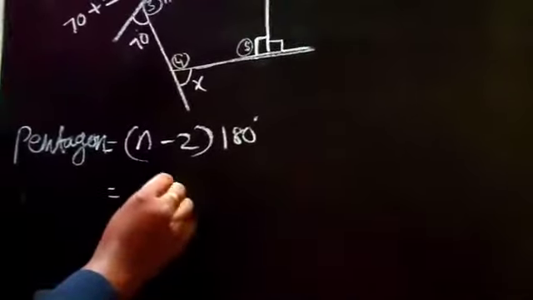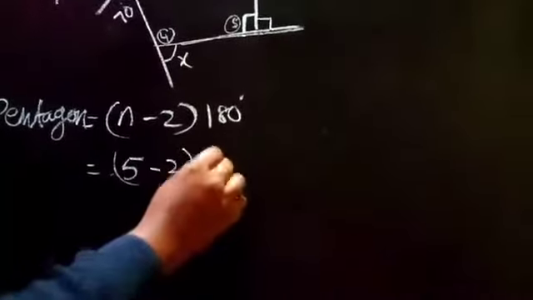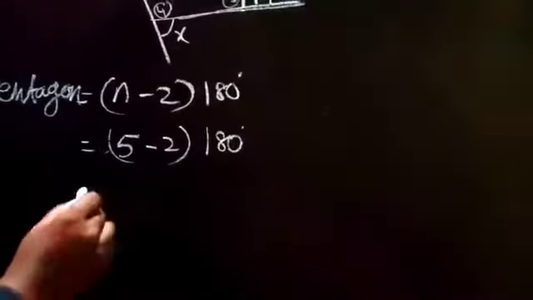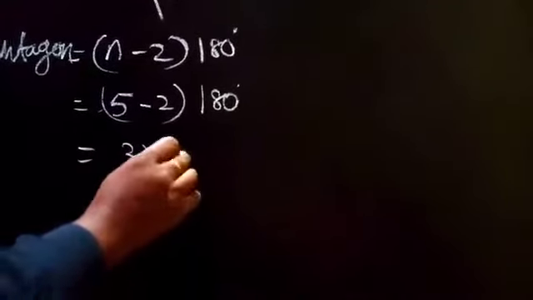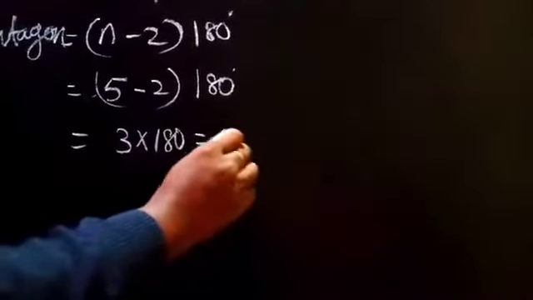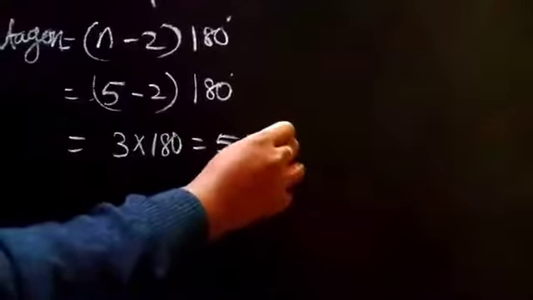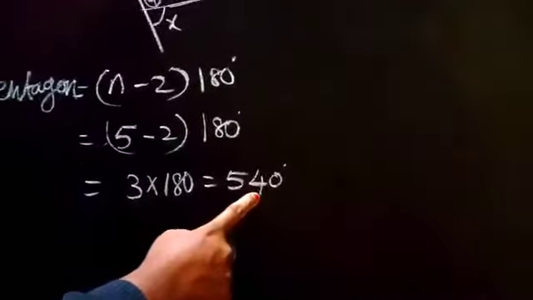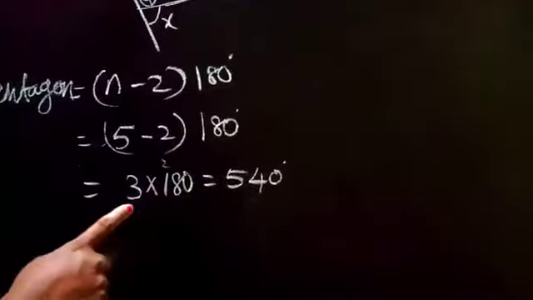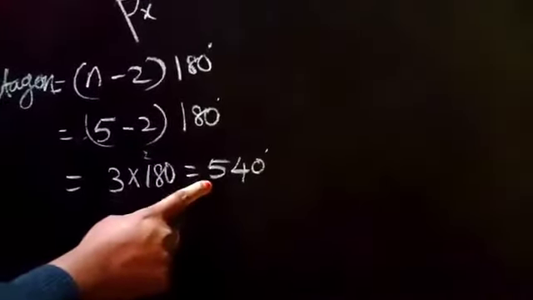We have 5 sides. (5 minus 2) into 180 degrees. So 5 minus 2 is 3. 3 into 180 we will get 540 degrees because 3 zeros are 0, 3 8s are 24, 4 here, 2 is carry, 1 3s are 3, 3 plus 2 is 5. So the total angle sum will be 540 degrees.